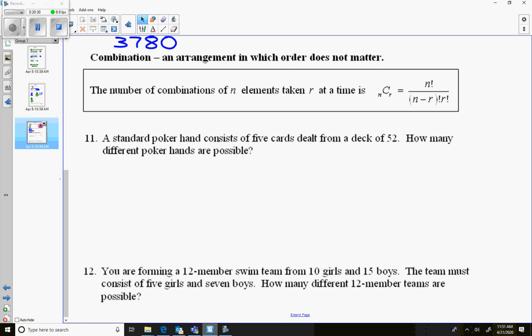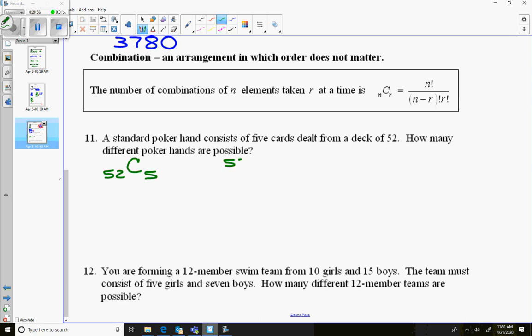And the answer is no. It doesn't matter whether you pick up the card first or you pick it up fifth, you have that card. So the order does not matter. Because of that, it makes it a combination. There are 52 cards in a deck of cards. You're getting 5 of them for your poker hand. So it's simply the combination of 52 choose 5.